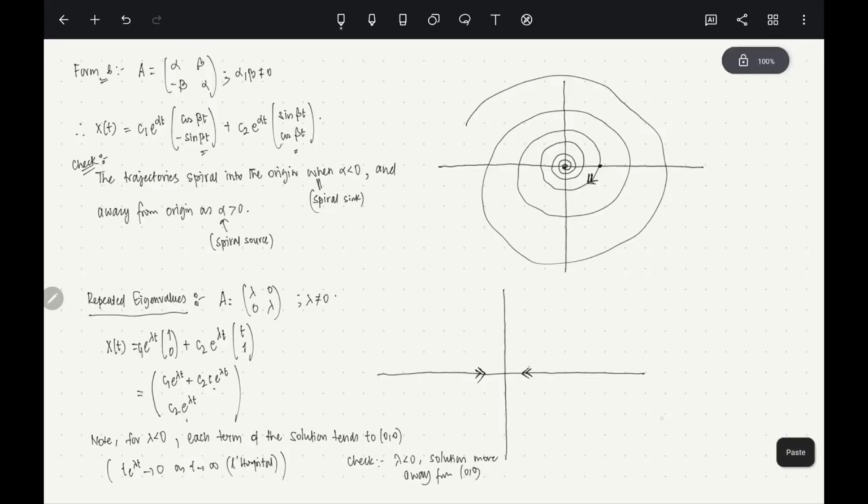This part I want you to check yourself. Please check this part: if C1 and C2 are both non-zero, then the solution tends towards or away from the origin.